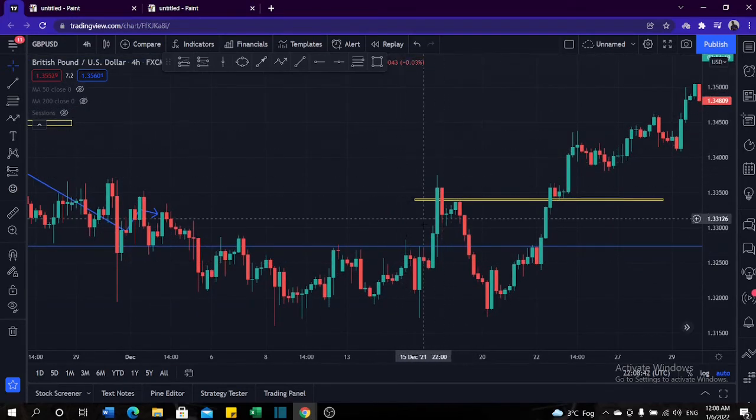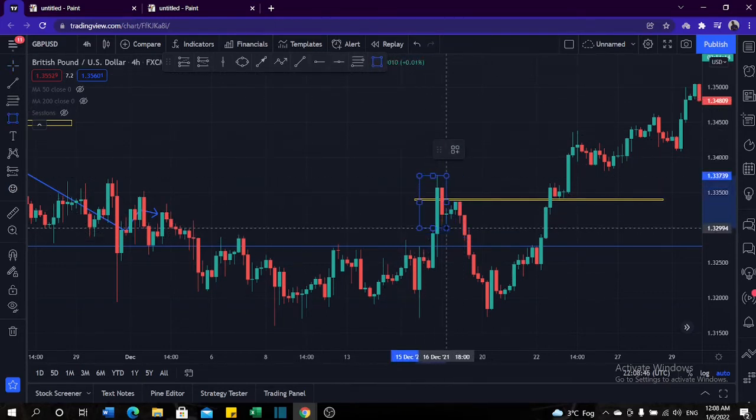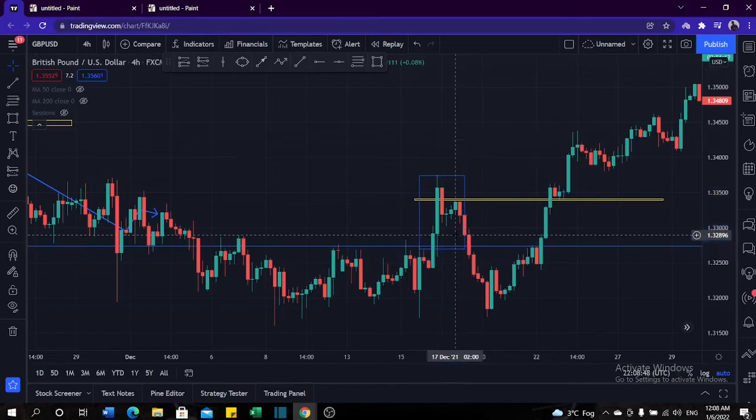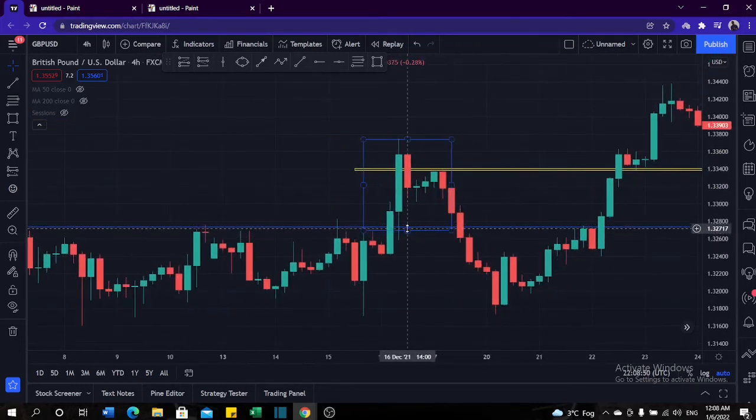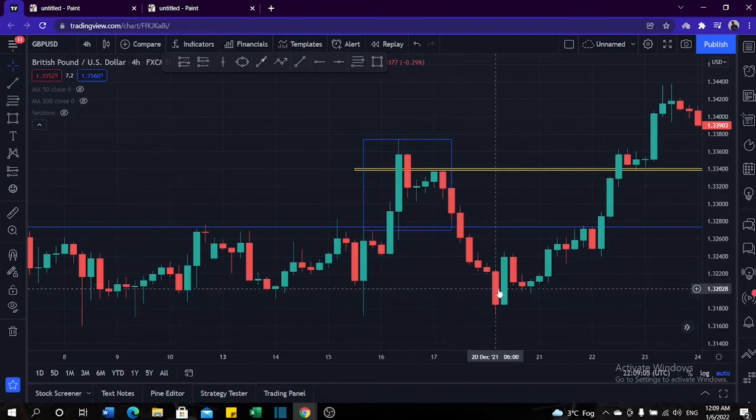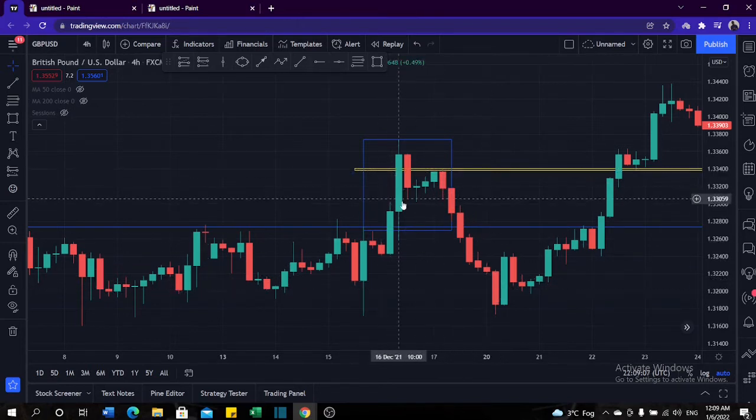Let's take an example of just this area, right? As you can see here, price tried to break above this minor support and resistance area, but then it was engulfed by a bearish candle. It tried to break above, but it went below. It became bearish instead.